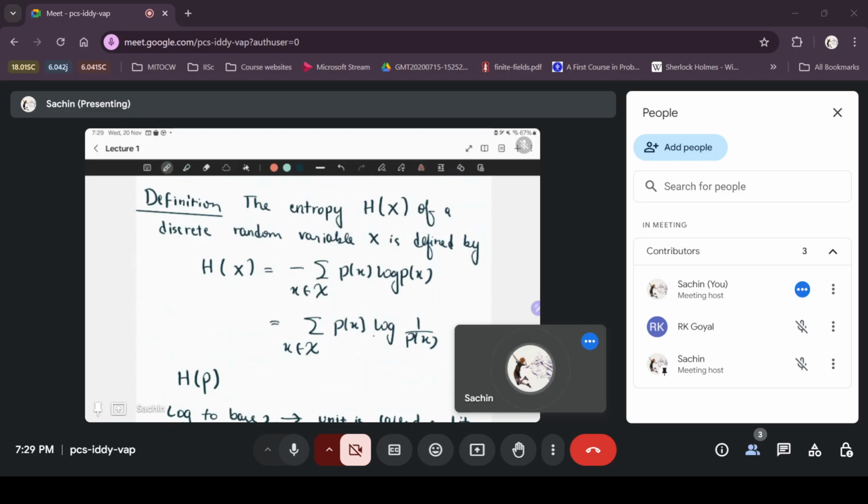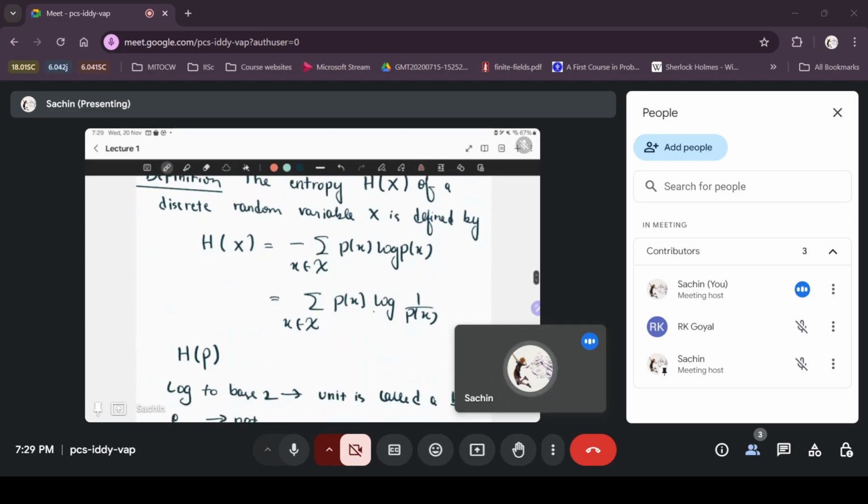You will use those axioms to prove that only this function, p of x log 1 over p of x, satisfies all those four axioms, and no other function would satisfy them. That's why you can unambiguously define H of x as this quantity. What those four axioms are and how you'll use them, I won't cover in this course.